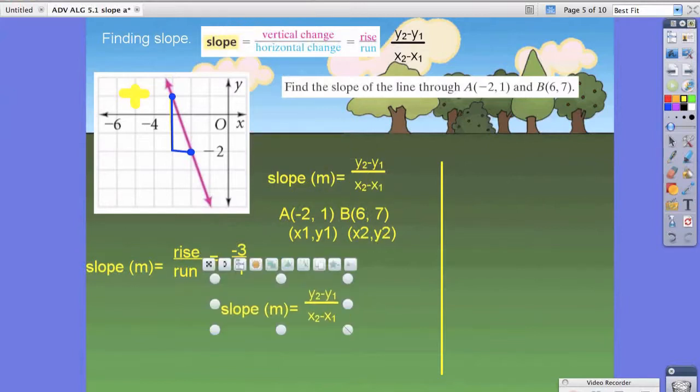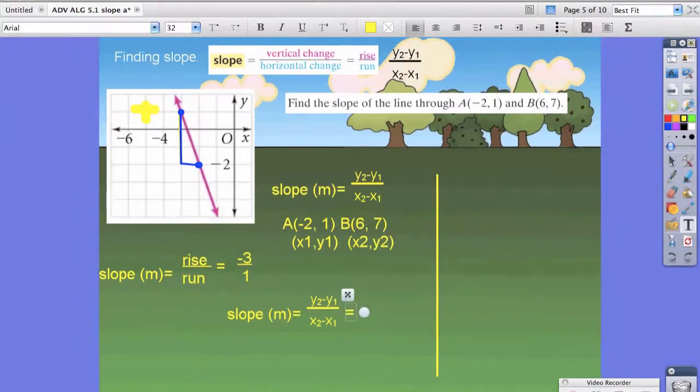We're going to just substitute the values in. First of all, our y sub 2 is 7 minus 1, because 7 is our y sub 2, and 1 is our y sub 1. X sub 2 is 6 minus, and if you notice our x sub 1, that's -2.